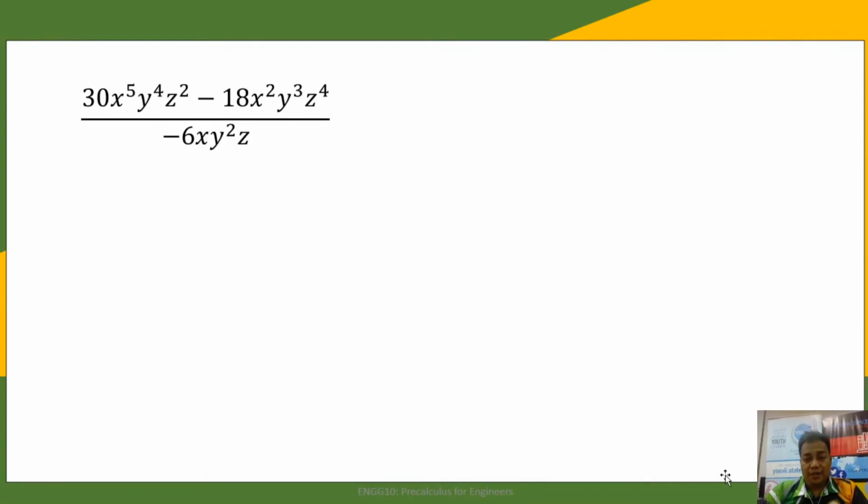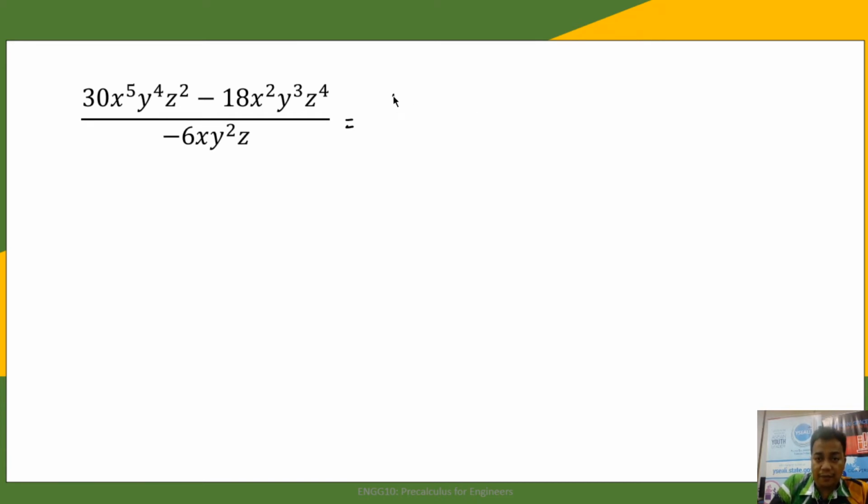Okay, let us answer this example. 30x raised to 5 y raised to 4 z squared minus 18x squared y cubed z raised to 4 all over negative 6xy squared z. Just like in the previous example, this is a division of a polynomial by a monomial.